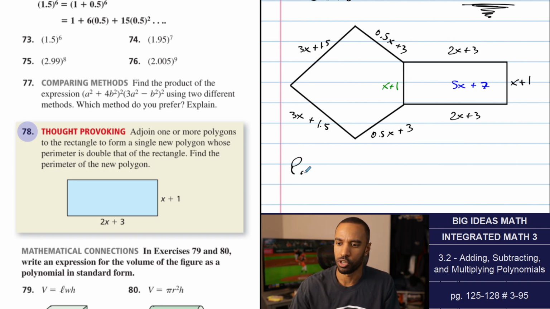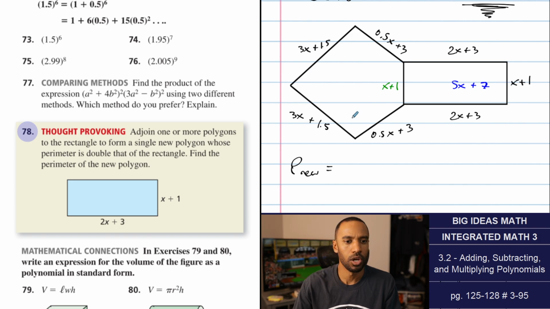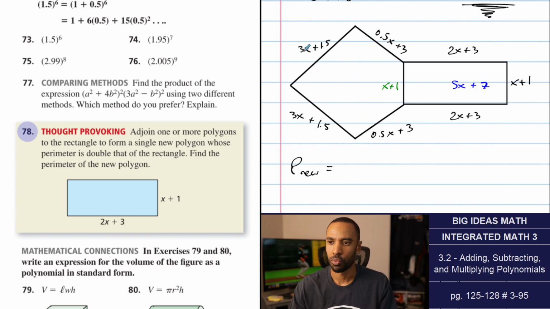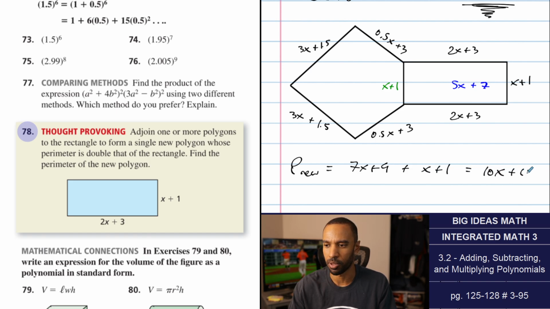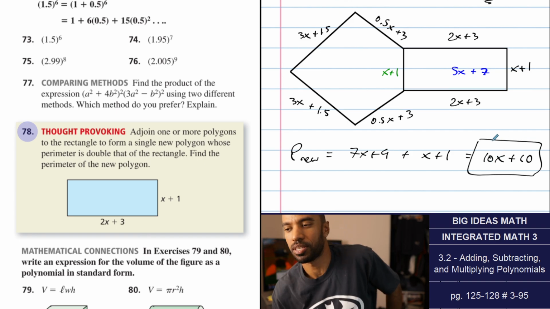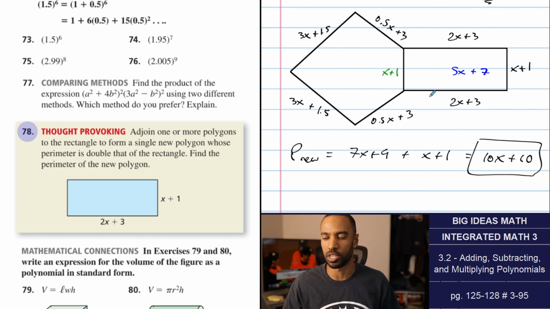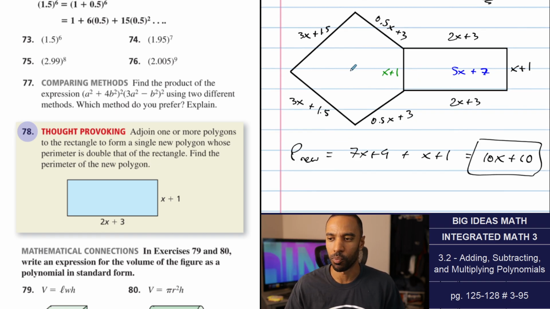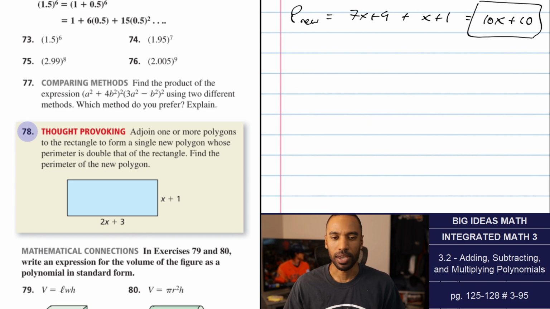So the perimeter of the new polygon is 7x plus 9 plus x plus 1, which is 10x plus 10. Now, I don't know if all polygons want to be 10x plus 10 with that. No, because it depends on which thing you enclose off. But there's mine. They said do more than one polygon if you want to. I just did one. Okay.